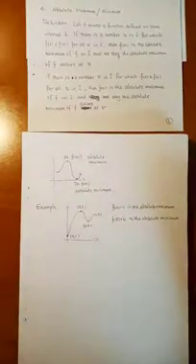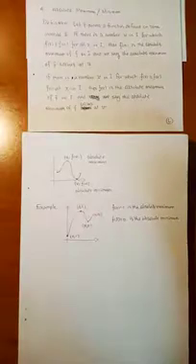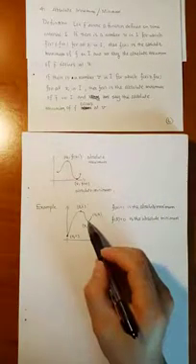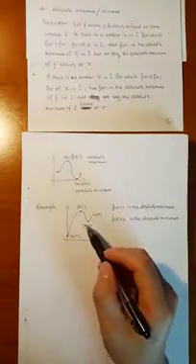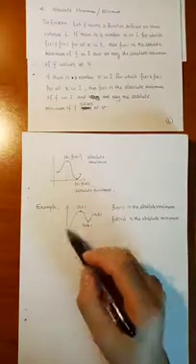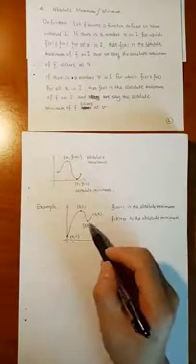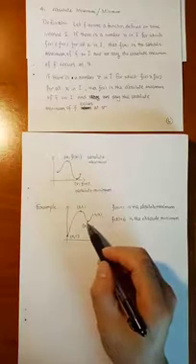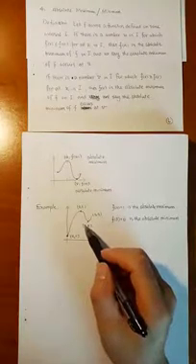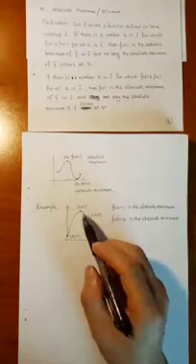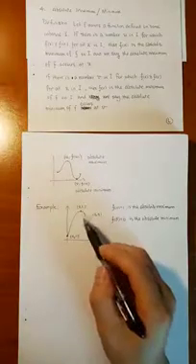You have absolute maximum and absolute minimum. Also you check here: this (4, 4) is a local minimum, but it's not global, since this other point is even lower than this. So it's a local minimum, but not absolute minimum. This is the absolute minimum, and this is the absolute maximum.